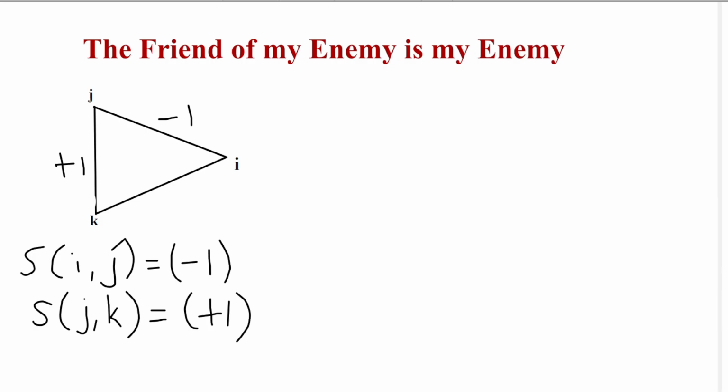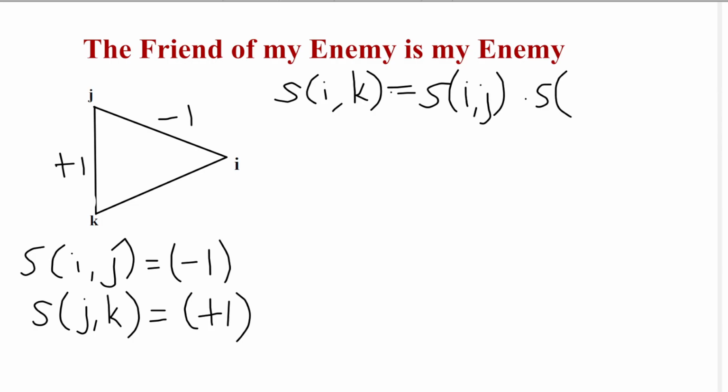So what about IK? The sign of IK, if we want to find that relationship, will be equal to the product of IJ times the sign of JK. So the sign of IK will be the sign of IJ, which is -1, multiplied by the sign of JK, which is a +1.